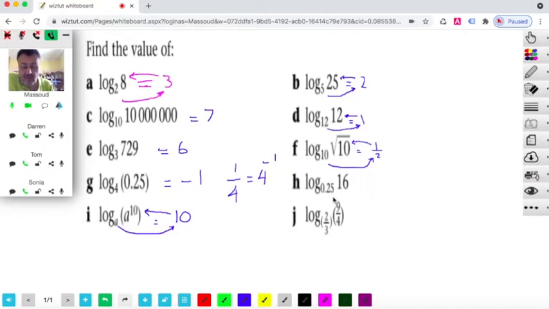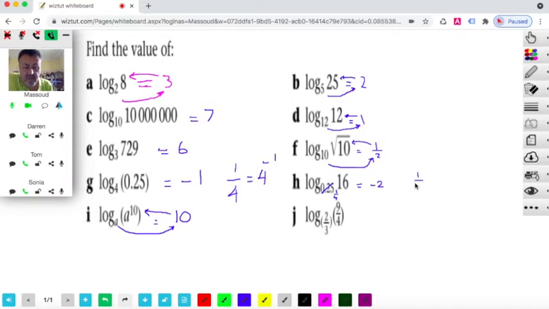Yeah, this is a little bit odd. So if you think of 0.25 as a quarter, then the quarter has to be raised to a power that will give you 16. So that will be a power of minus 2, because it reciprocates the quarter.